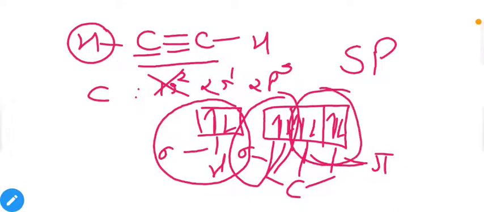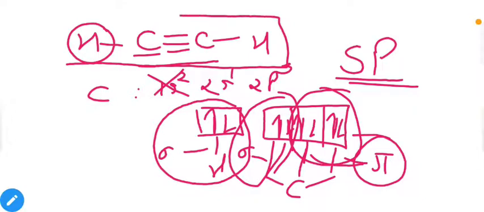The other 2 electron pairs are pi, so no need to count them. So this will be the hybridization of our carbon in the ethyne molecule. It is sp, and sp hybridized molecules are linear. So this molecule is exactly as it seems. It is a straight linear molecule.